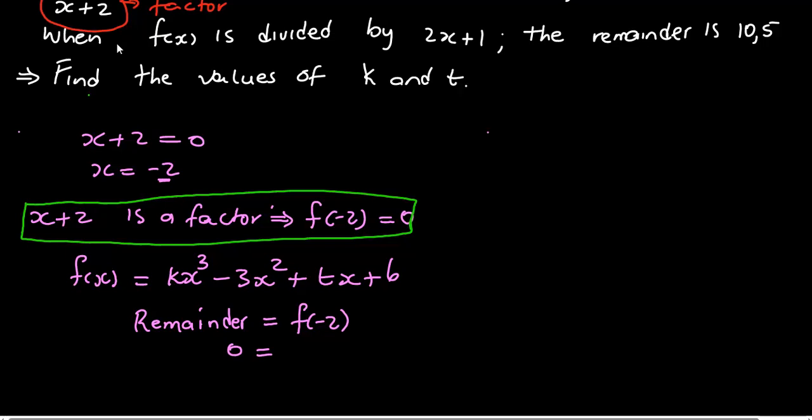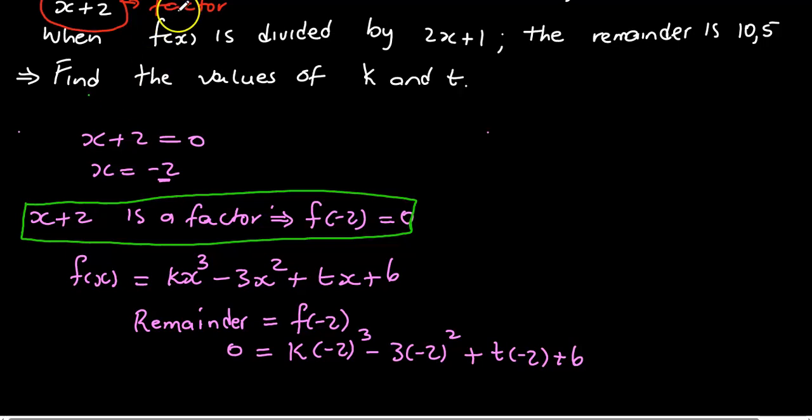Where there's x, we need to put -2. This will be k into (-2)^3 - 3 into (-2)^2 + t into -2 + 6.